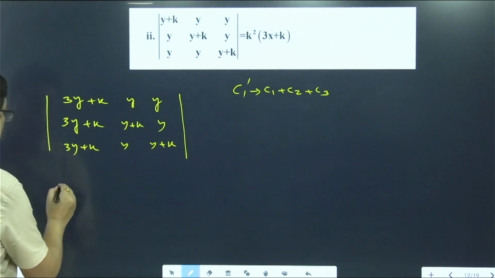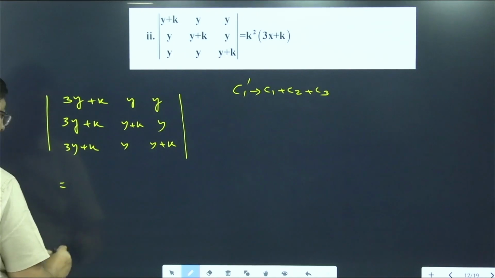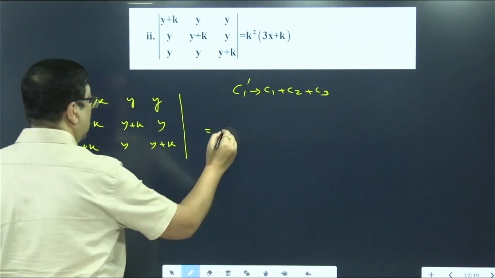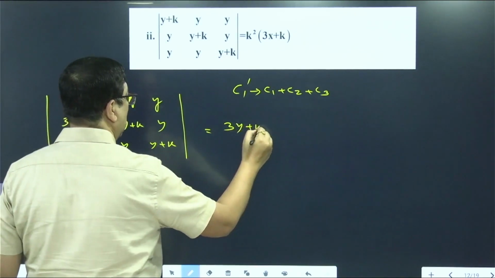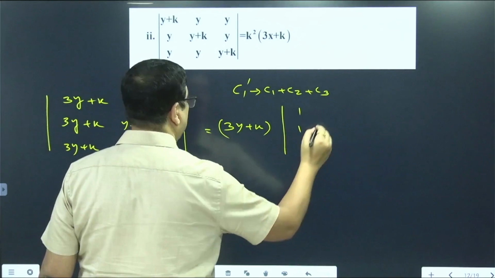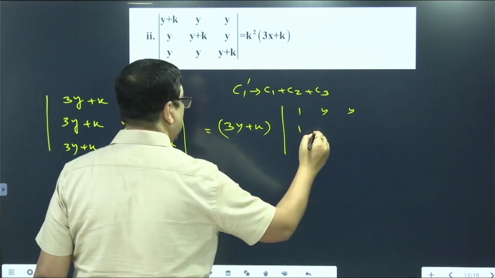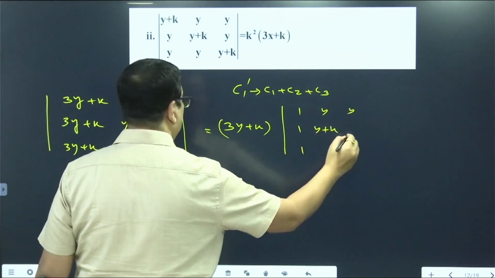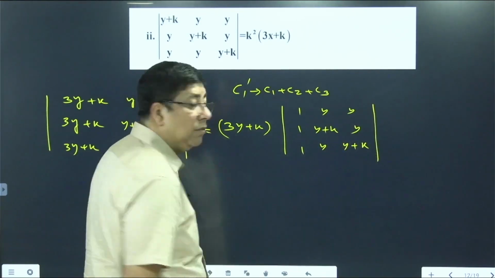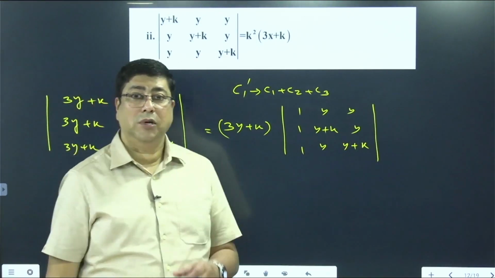Therefore, I can write here equal to, if we write 3y plus k common, we are getting 1, 1, 1, y, y plus k, y plus k. Now we have lot of options in hand.